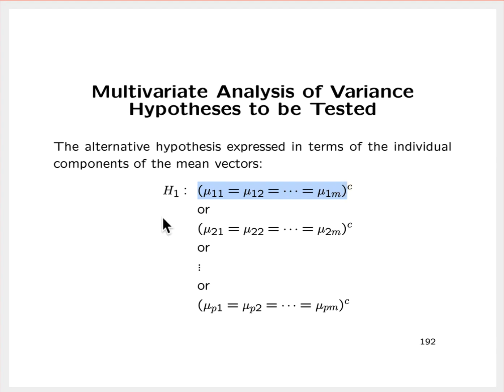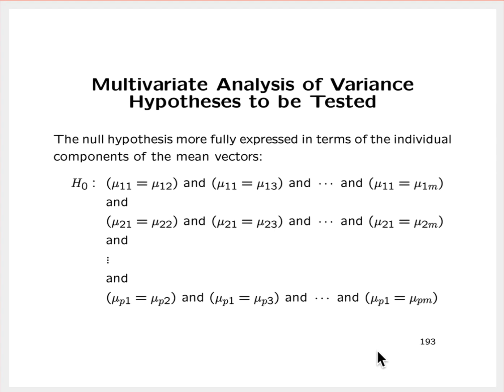So the alternative to that null hypothesis would be that either this set of equalities is not true, or this set of equalities is not true, or, and so forth, down to the possibility that this set of equalities is not true. And so again, looking at what these hypotheses represent in terms of the individual components within the vectors is very helpful in several ways.